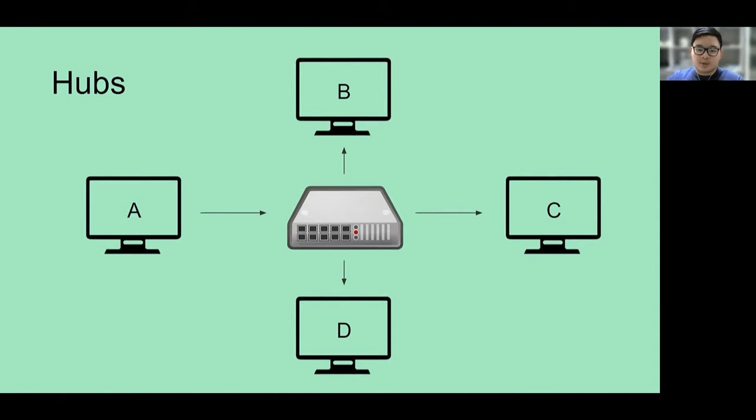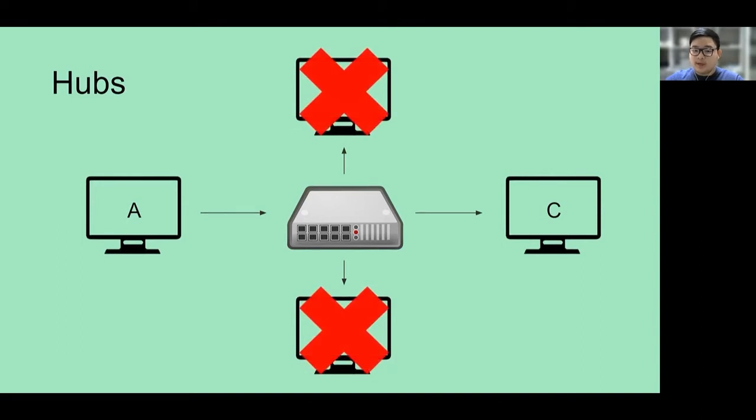The way that hubs work is that when computer A is sending data to computer C, the hub actually sends data to all of the computers. However, computers B and D will terminate the data that is already being sent to them. Hence, the data would only be received at C.